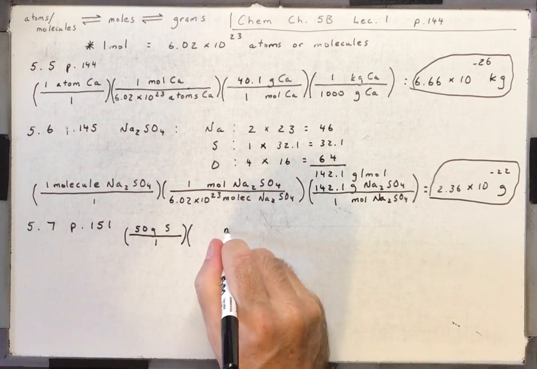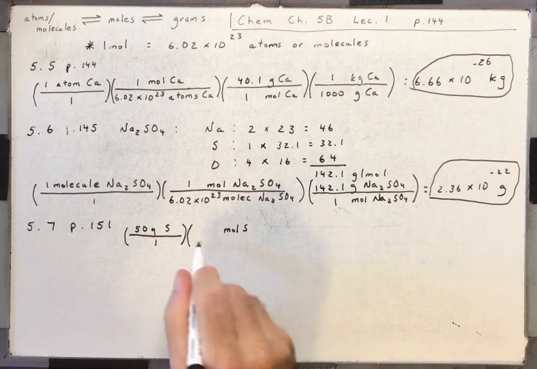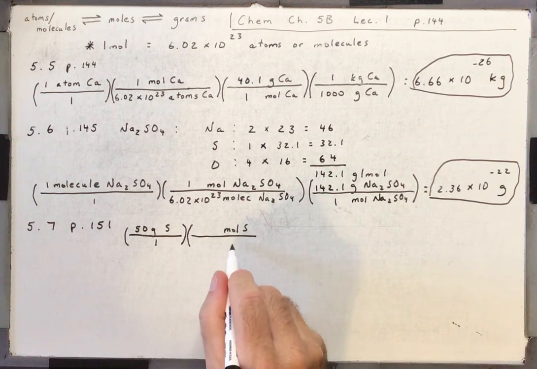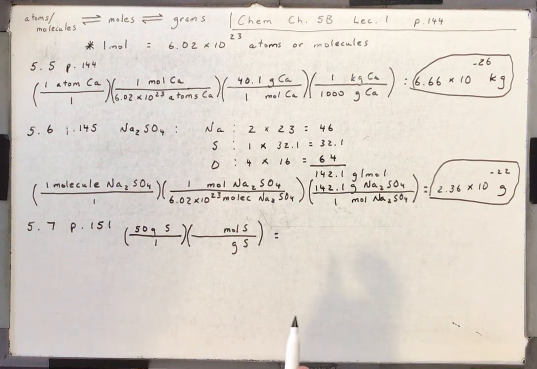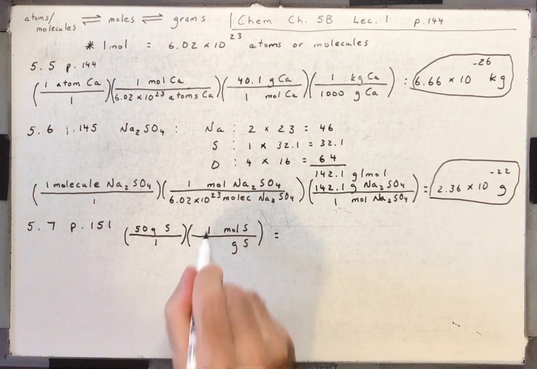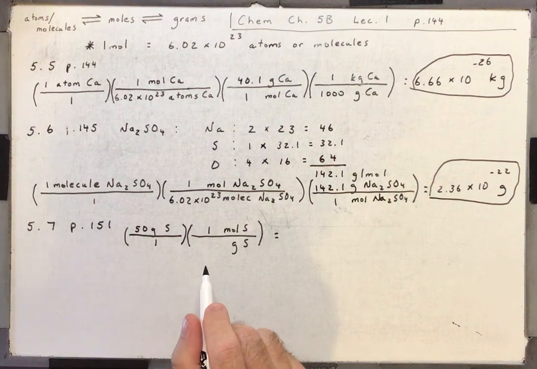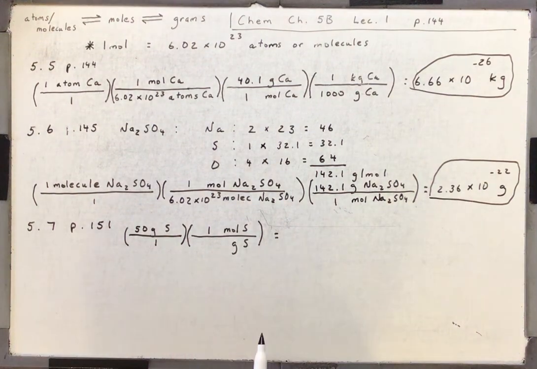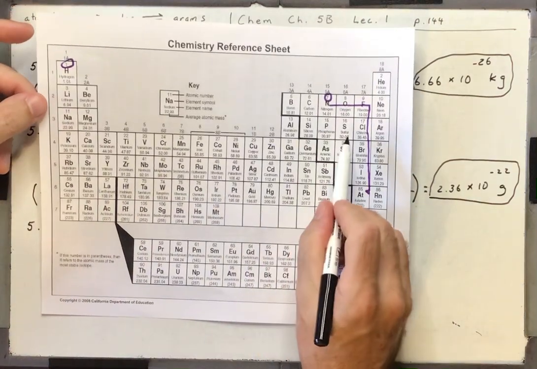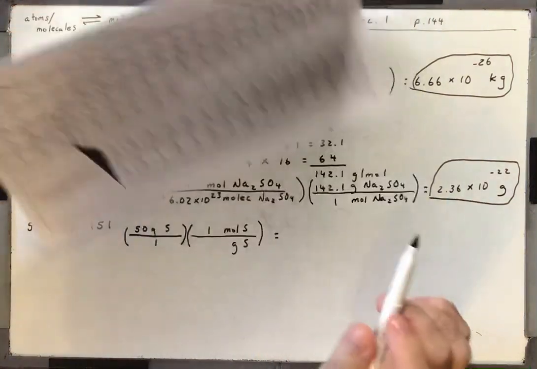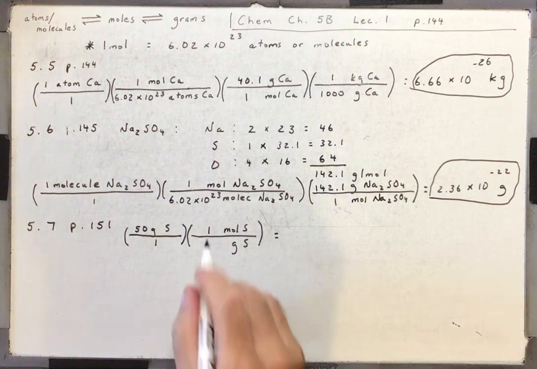We want to get moles of sulfur. We want to cancel out grams of sulfur. Where does the 1 go? Goes by the mole. How many grams of sulfur are in a mole? Where do you figure that out? You figure it out from the periodic table. Look here, there's 32.1 grams in a mole.